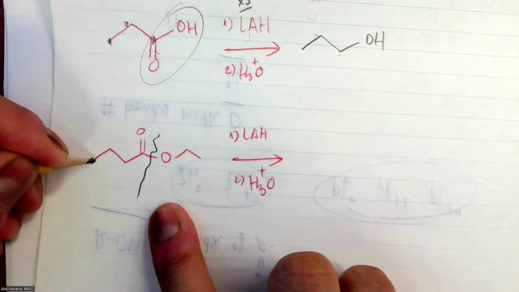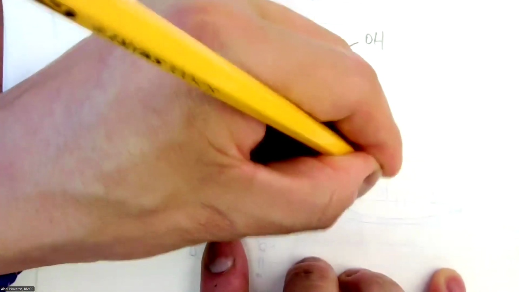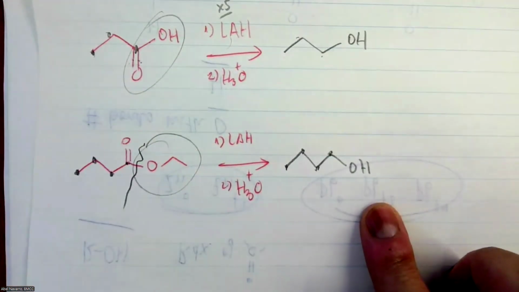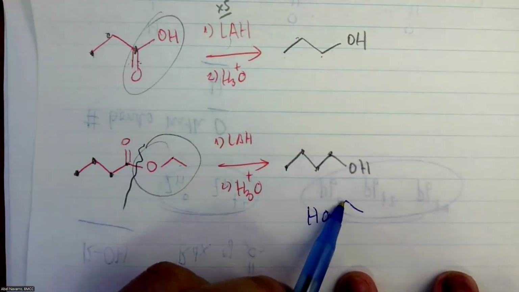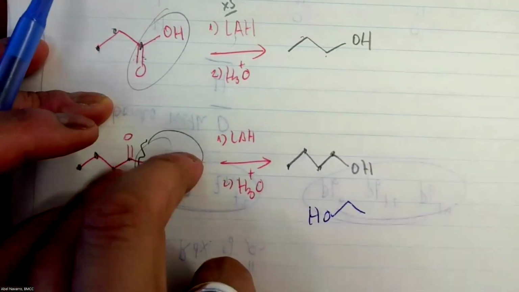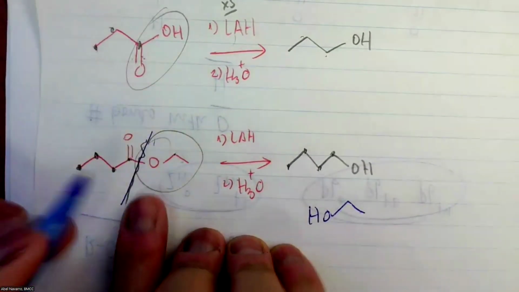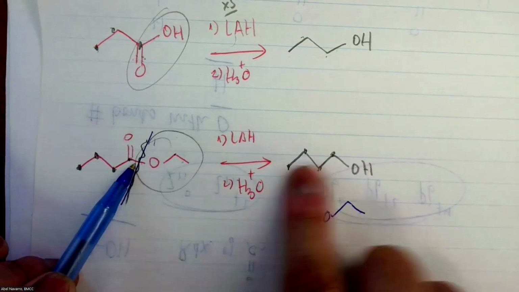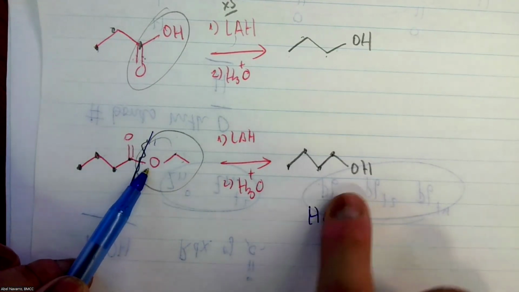So you will have 1, 2, 3, 4 OH, and the other half will also have OH, 1, 2. So in the case of ester, you split it, and each half has an alcohol: 1, 2, 3, 4 OH and 1, 2 OH.